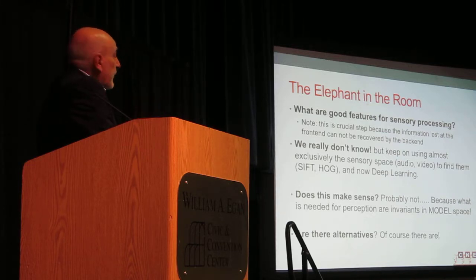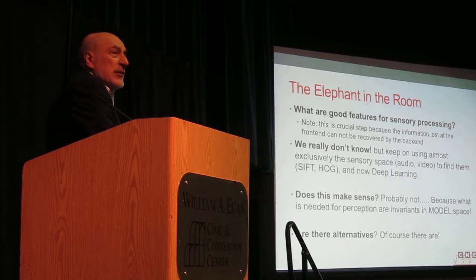Of course, the field of computer vision uses the image space to find the best features, using SIFT, HOG, and many other techniques. And in deep learning, we are basically doing the same thing. We are using the image space to extract relevant information from the imagery. But an important question that we should ask is, does this really make sense?